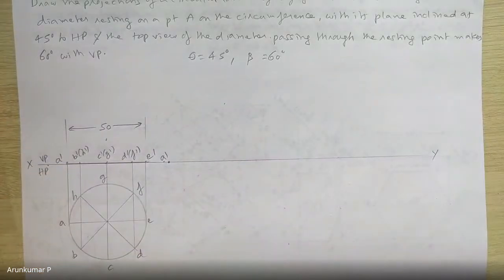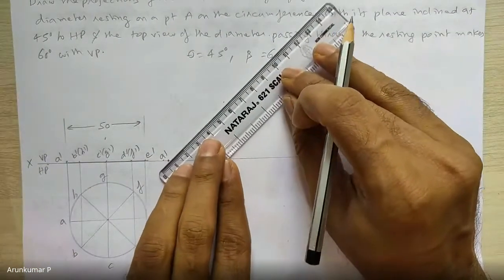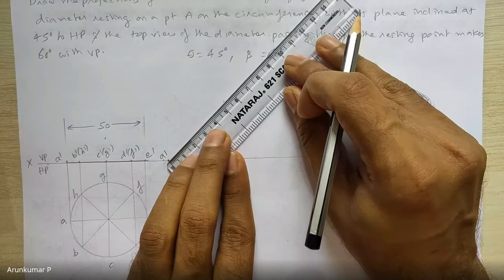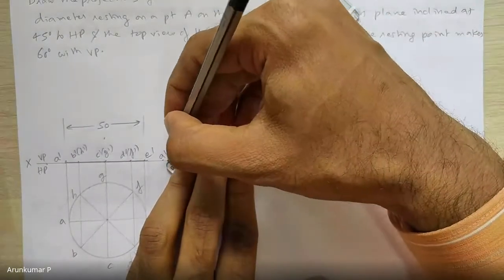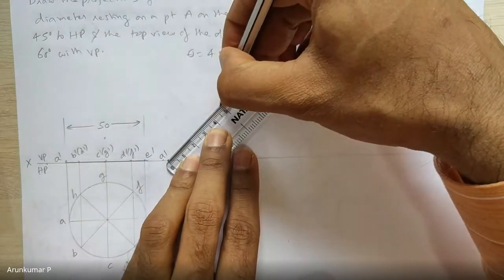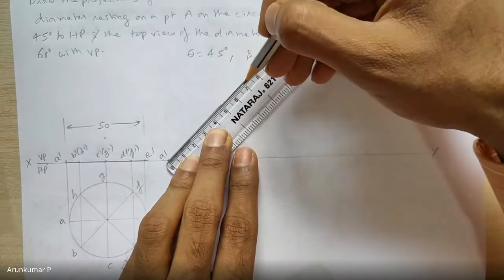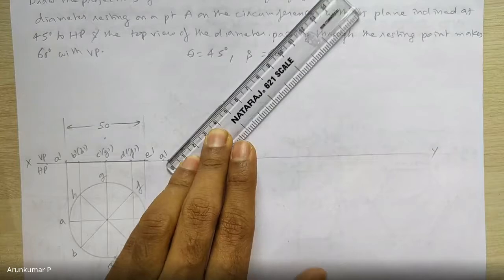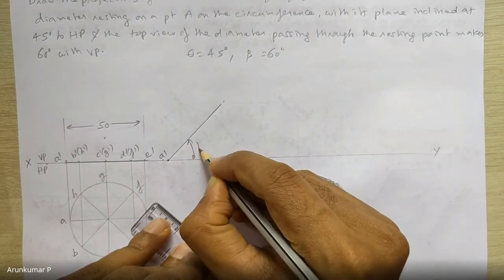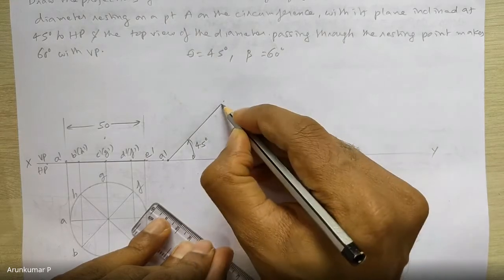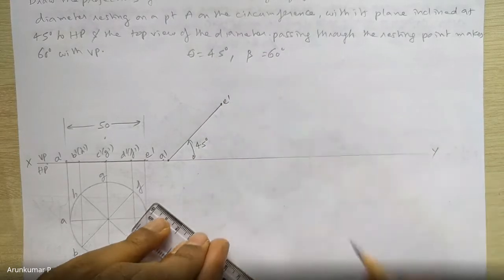So incline the 50 mm line at 45 degrees. The 50 mm line is inclined at 45 degrees. The topmost point is E dash.